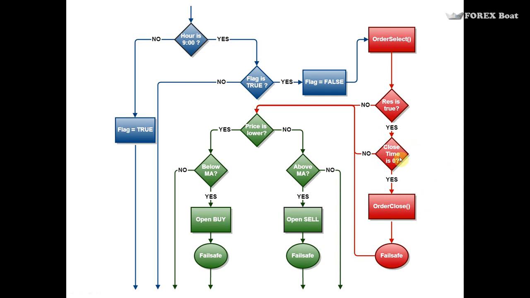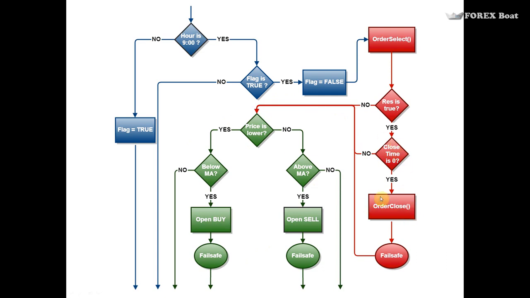If close time is 0, that means the order doesn't have a close time, and we need to close it. If close time is not 0, meaning there is already a close time assigned to this order by MetaTrader 4, then we don't bother closing it because it is already a closed order, and we proceed to the green part, the main trading strategy.